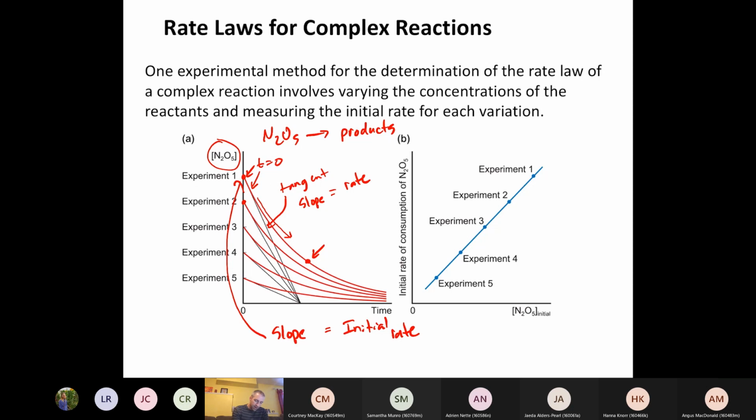We do another experiment where we have a different starting concentration and a different initial rate. You could have a third, fourth, and fifth experiment with different starting concentrations and different initial rates. So what we expect to get here is basically a table of initial rates and concentrations.